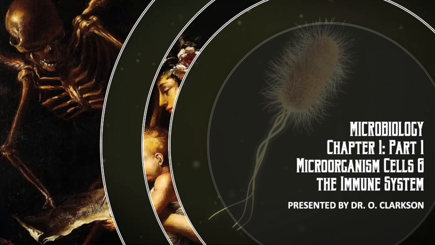So anyways, we talked about eukaryotes, we talked about prokaryotes. Let's talk about some organisms that don't really fall under the category of living things. So viruses and prions. These, of course, can cause disease, but they are not considered living organisms.